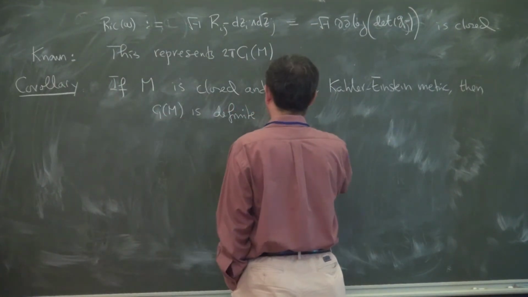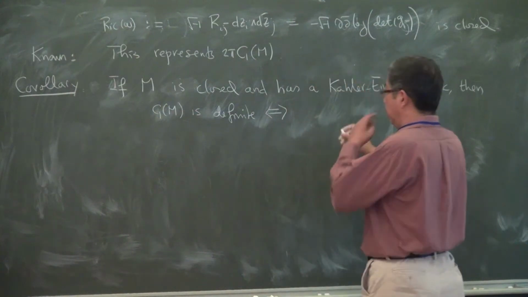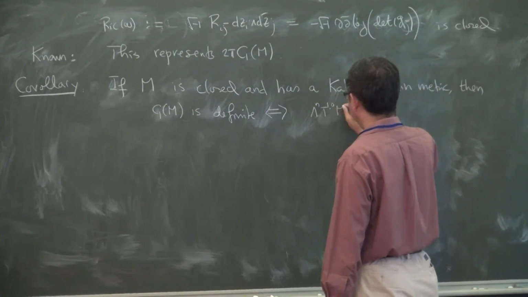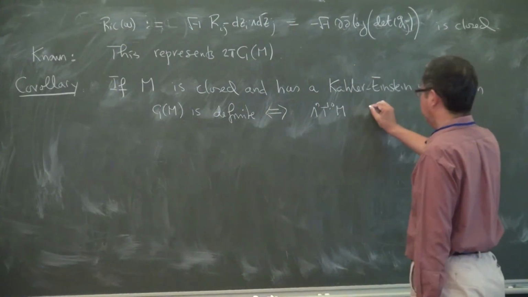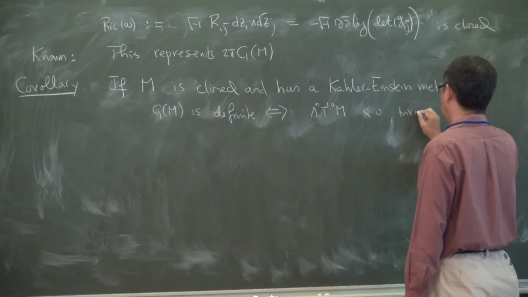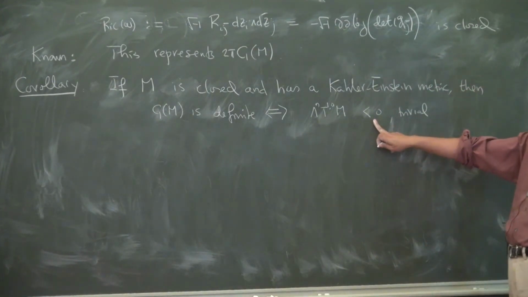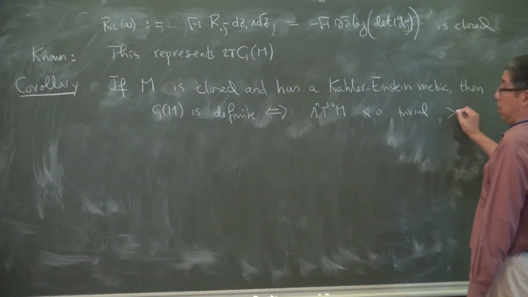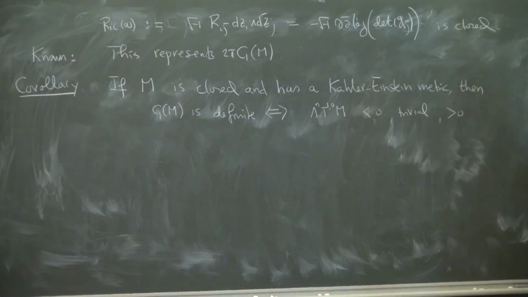This is equivalent to saying the determinant of the holomorphic tangent bundle is either negative or trivial. Negative means its conjugate is ample, or is ample.